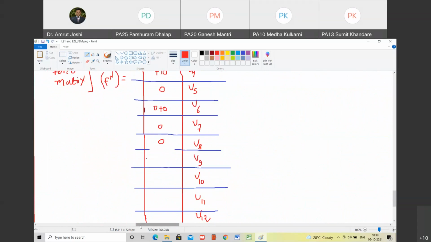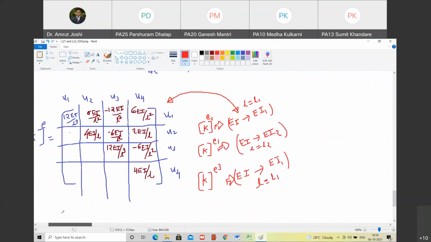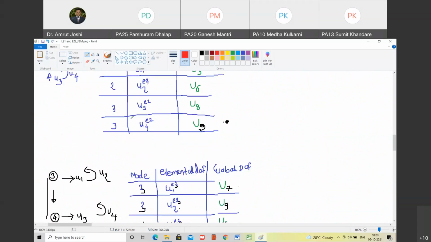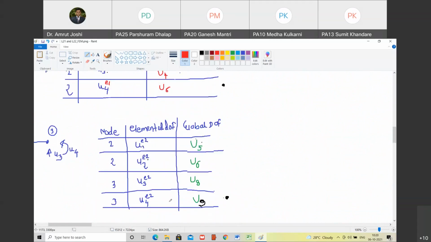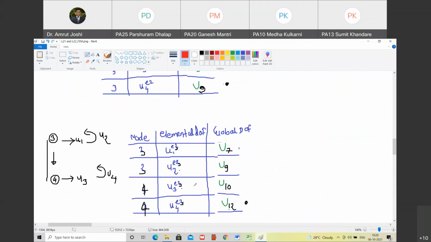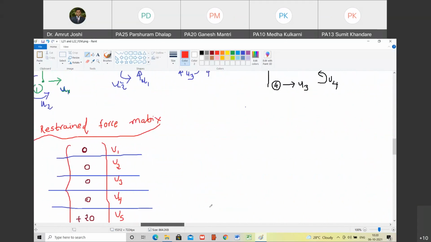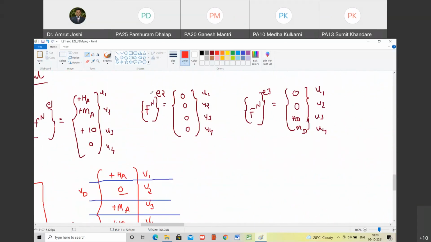What about U9? Second element, fourth degree of freedom. Third element, second degree of freedom. Both are 0, 0.